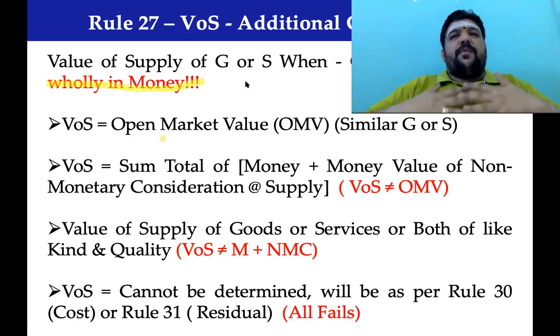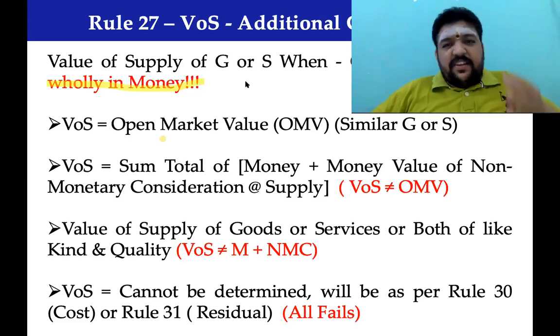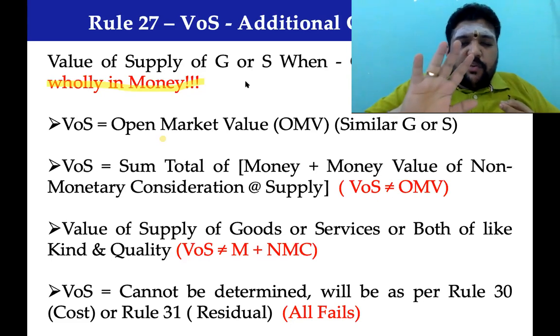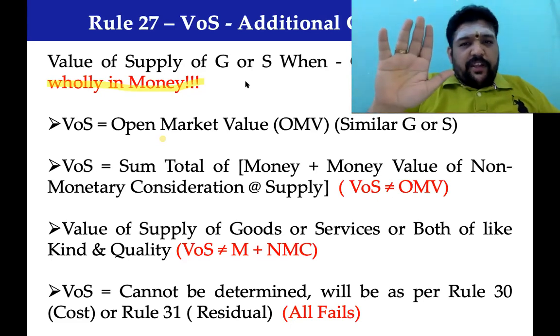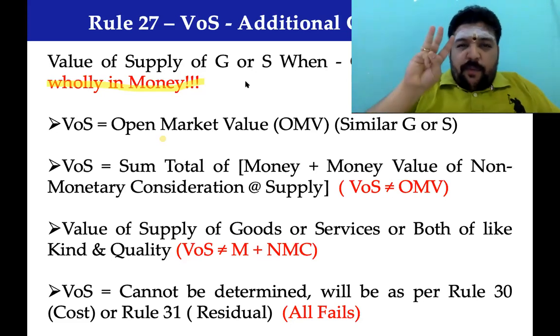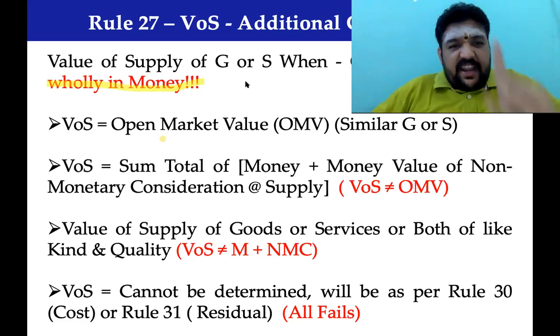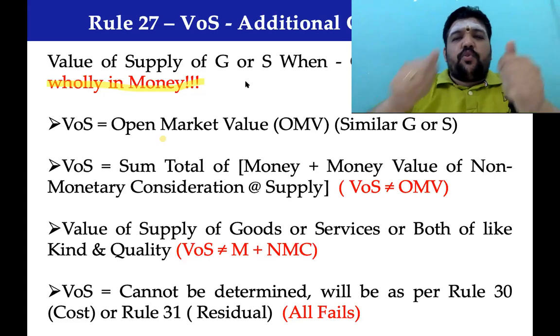If my supply is worth 50,000 and I entirely received 50,000, I am sorry, you will not use Rule 27. I invoiced for 50,000, but I received 20,000 rupees and a mobile phone worth rupees 30,000, then I will use Rule 27.